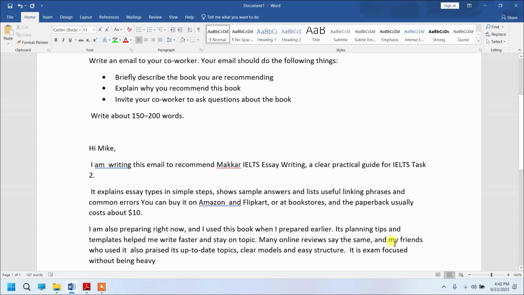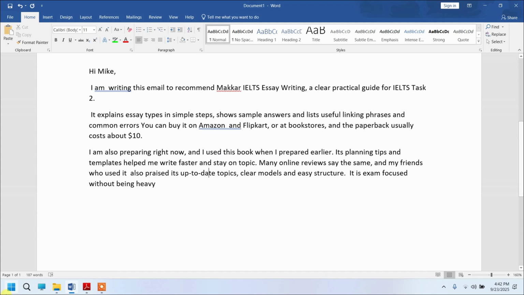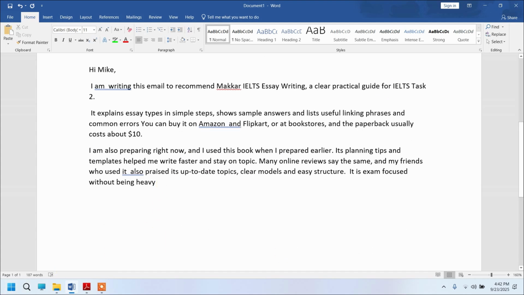Now, what is the third point? The third point is to invite your co-worker to ask questions about the book. So see what I am going to write now. I will ask him, if you have any doubt, let me know. Tell me your target score, target bands, and timeline.